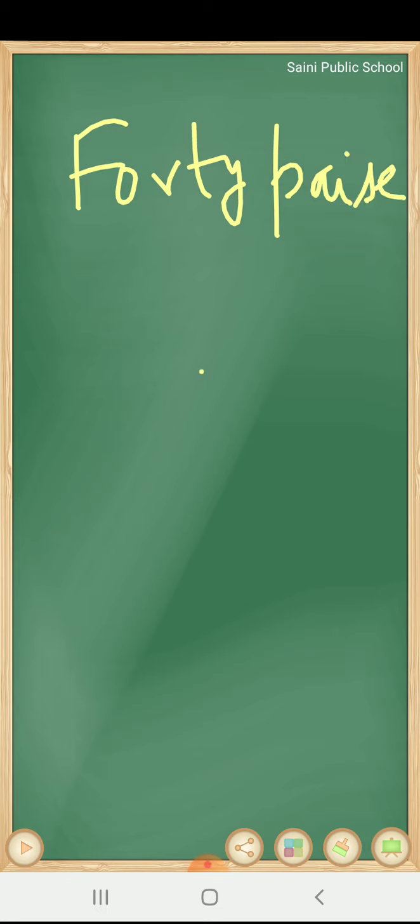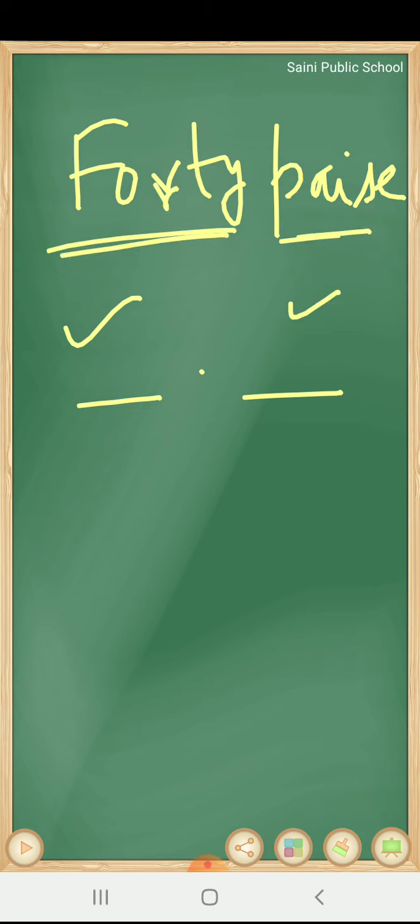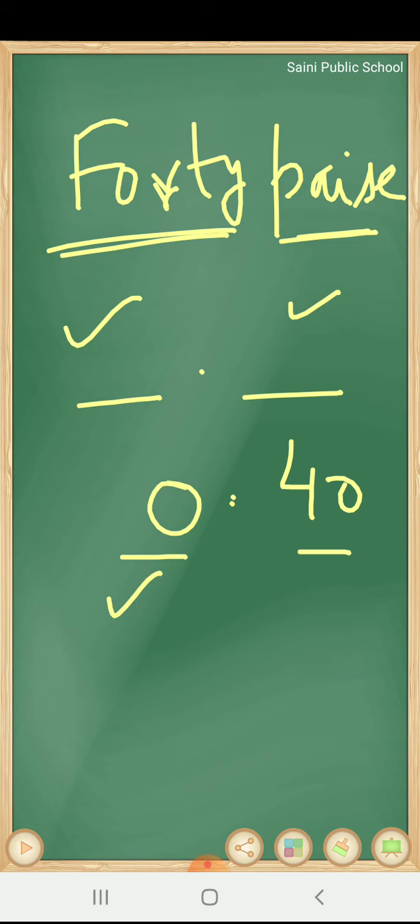We will use a dot to separate rupees and paise. Rupees we will write here and paise we will write here. Now in this example there are no rupees, only 40 paise. So 0.40, and here 0. We will use the dot to separate rupees and paise, and here we will write the rupees number, here paise, and here we will write the rupees symbol.